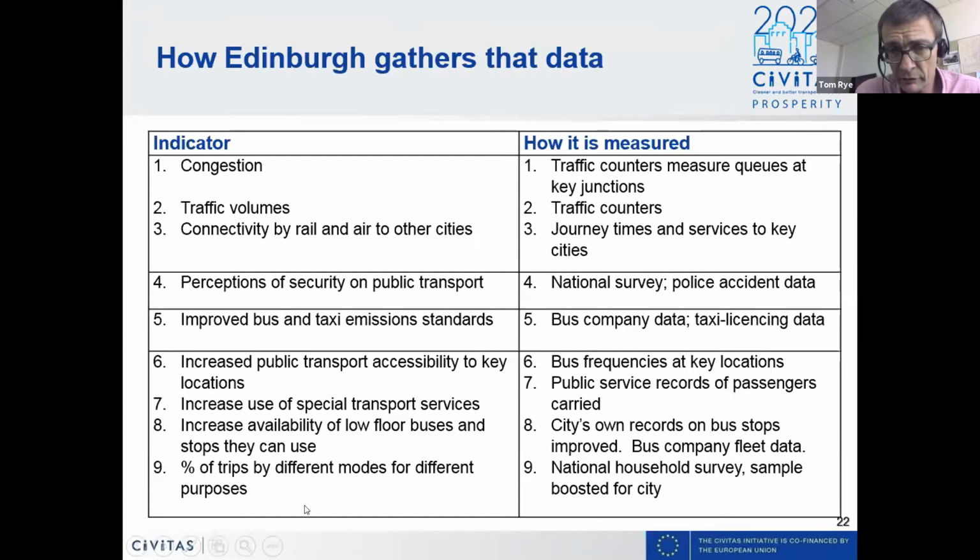So the indicator is the mode share for trips. The City Council boosts the sample in the city, so the city pays for a larger sample in order to get a more reliable result.